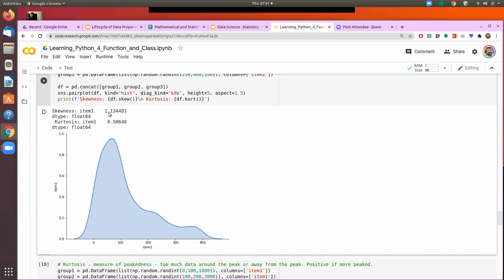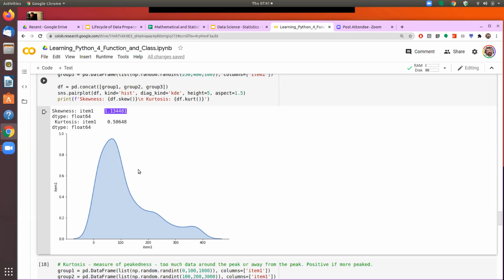So here you see that the skewness number is positive because it is skewed to the right, and since the skewness is much higher, the value has actually gone beyond 1. So if the skewness number is beyond 1, then we need to investigate further whether we really need to do certain adjustment to data or should we just proceed with that. So it's good to know what is the skewness. Then we come to the kurtosis.